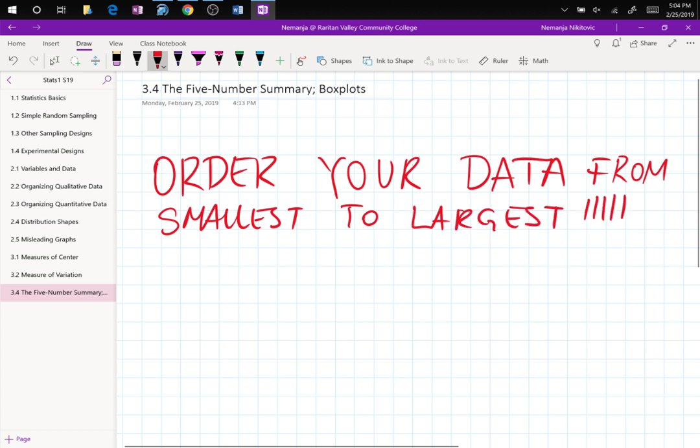And then add at the end, there you go. So this is the first thing that we have to do. As soon as we see a data set, we have to order the data from the smallest to the largest number. And then we can go on with the 5-number summary, box plots, and everything else.